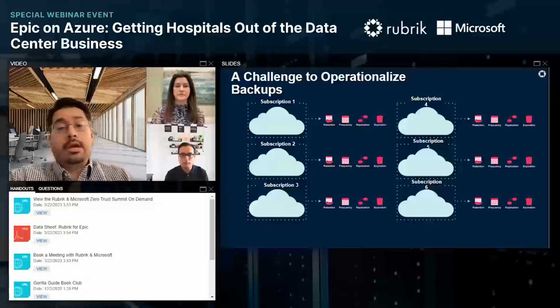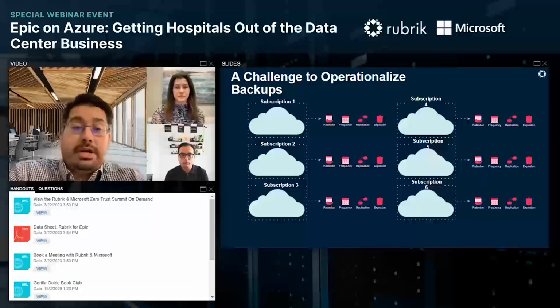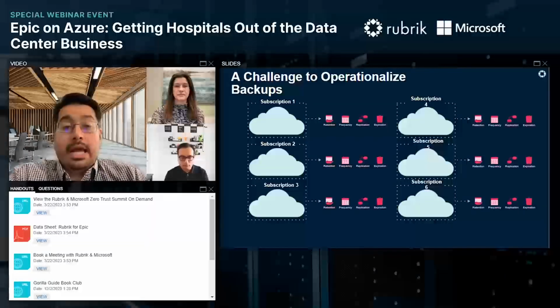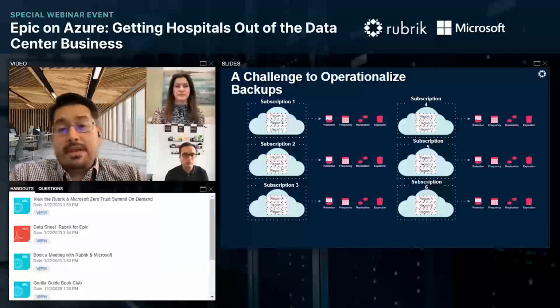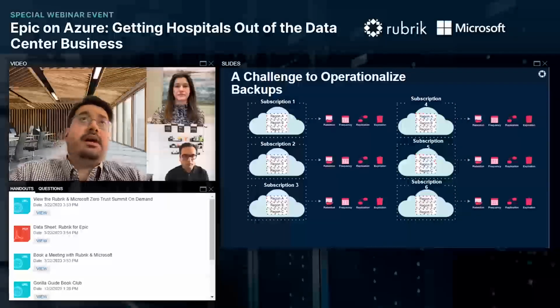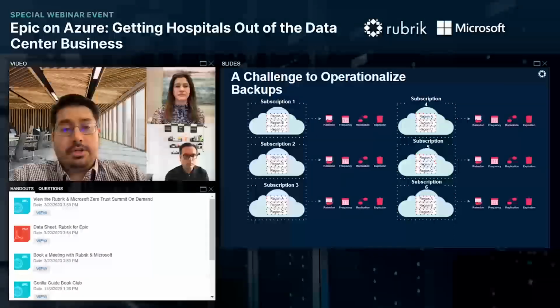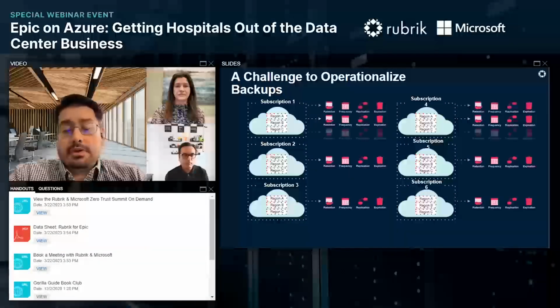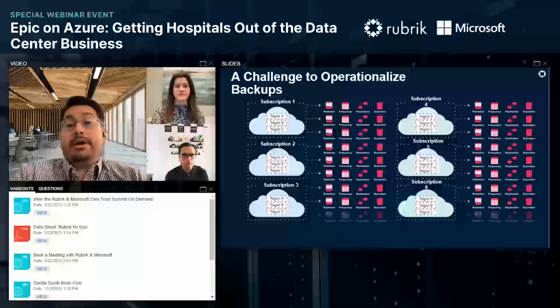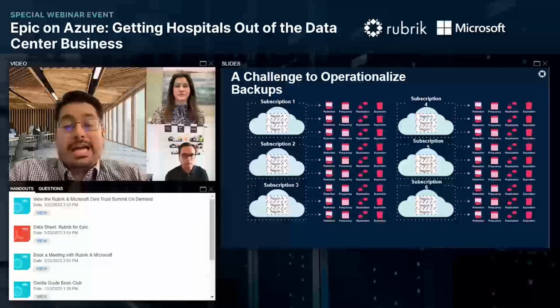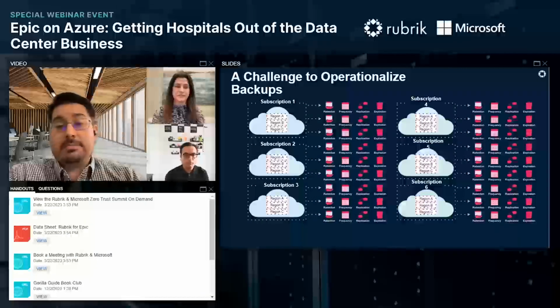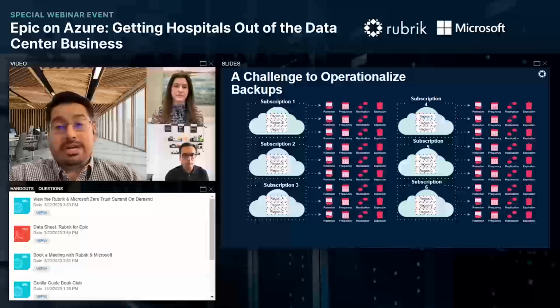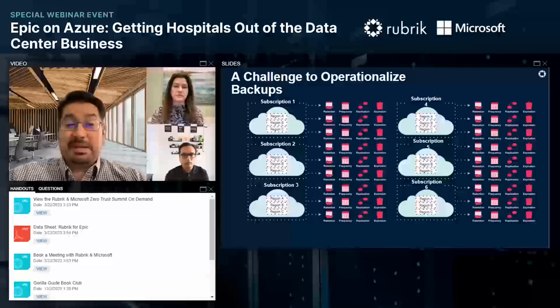So you'll look at data points like retention policies, frequencies, replications, expirations, data mobility, and you'll have to set these policies on a per subscription basis. And then you have to start building out, okay, well, I want high availability, so I need to ensure that I'm geo-redundant. And so as you start to layer these concepts on, now you have to consider these same concepts for each region within each subscription. And as you can see, this slide gets really busy really quickly.